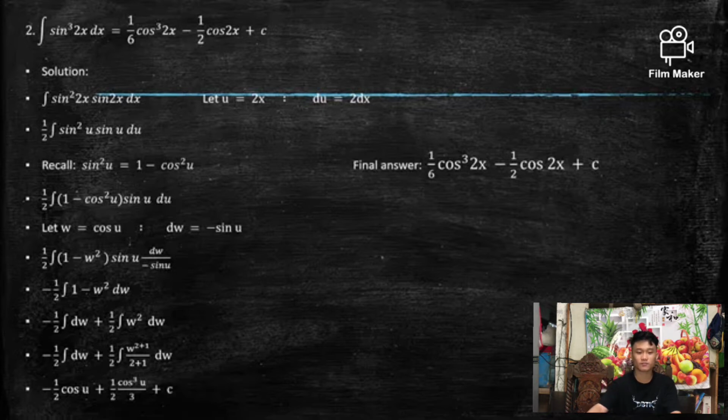Then, negative 1/2 cosine u plus 1/2 cosine cube u over 3 plus c. By integrating, the answer should be 1 over 6 cosine cube 2x minus 1/2 cosine 2x plus c.